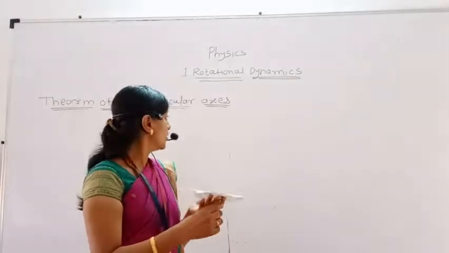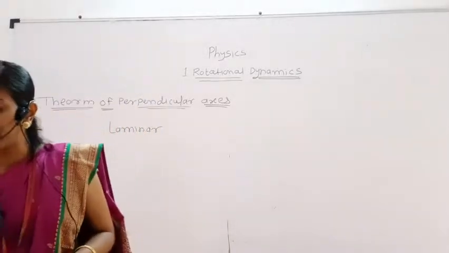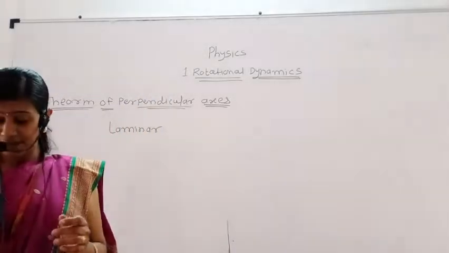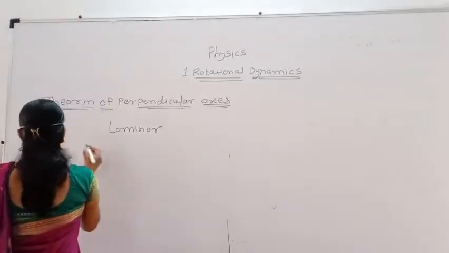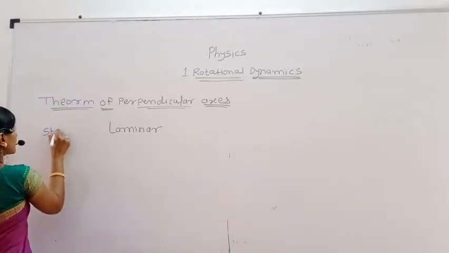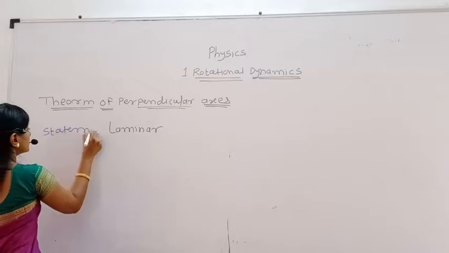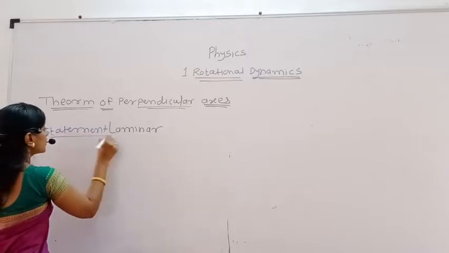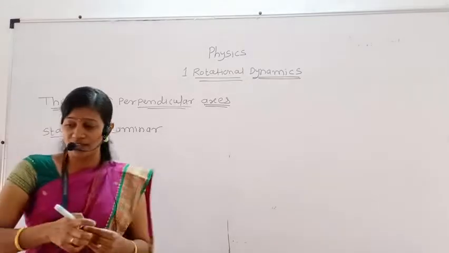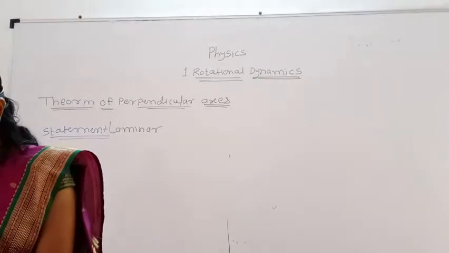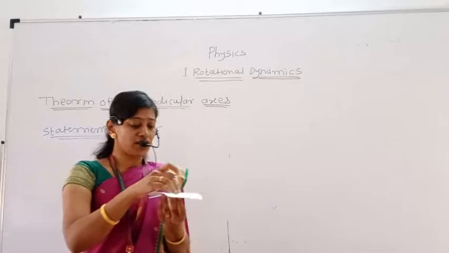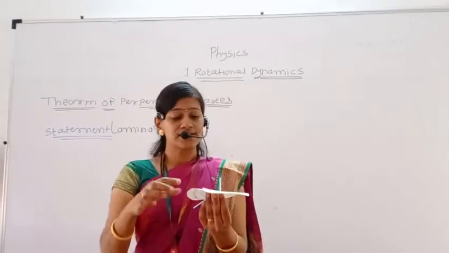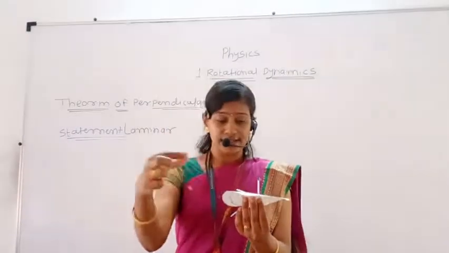Okay. So here we have to see the perpendicular axis theorem. In this theorem, first we will see the statement. Here I want to explain the statement with the help of the diagram. Here I am showing you the moment of inertia. Just as I said, these two axes are inside the plane.